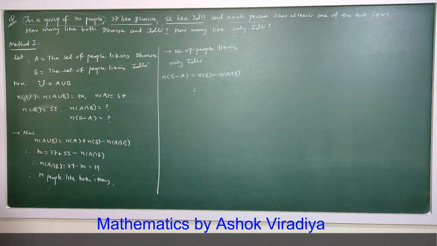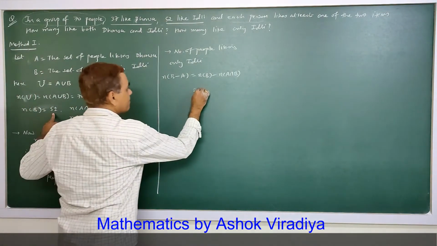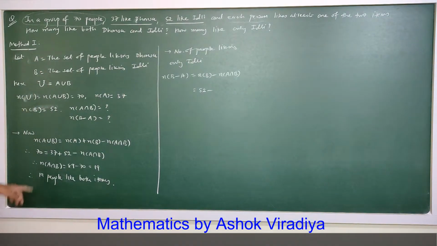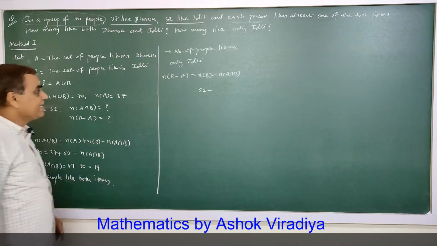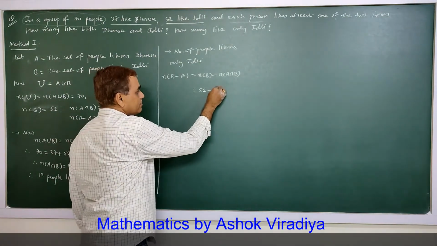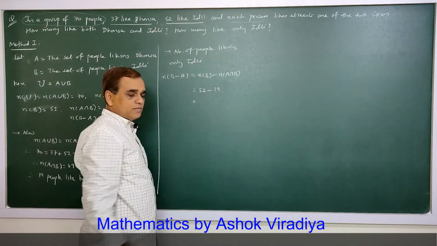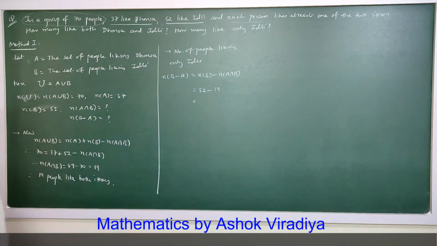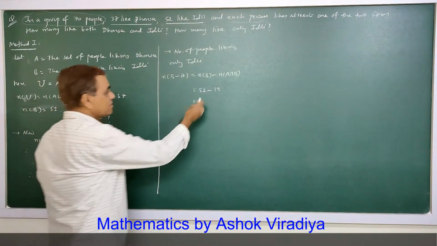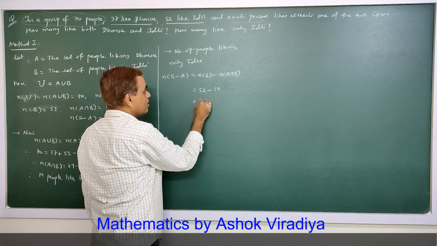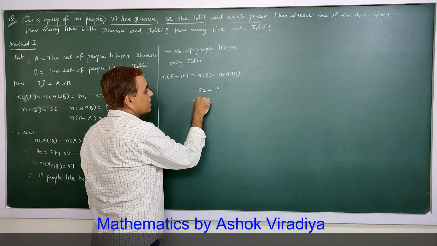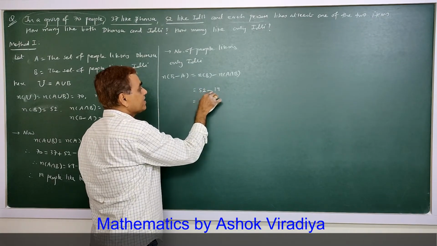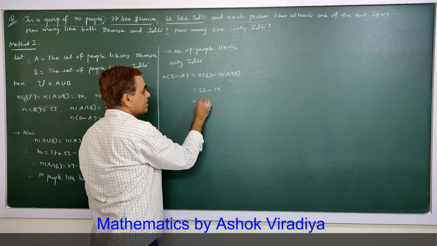Number of elements in B is 52 minus the number of elements in A intersection B, which we just found to be 19. So 52 minus 19 is 33.